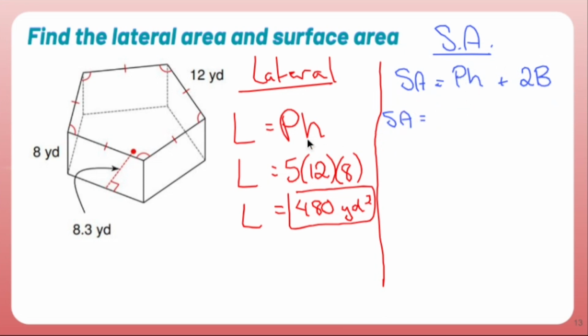My lateral area, my perimeter of the base times the height, was 480. I can handle that just fine, plus 2 times. Now, this is a regular polygon. A regular polygon's area is found by doing 1/2, so times 1/2, that makes life easy, times the apothem.